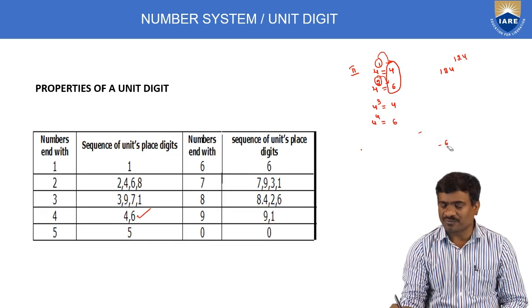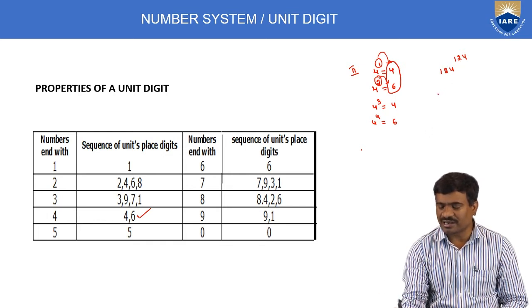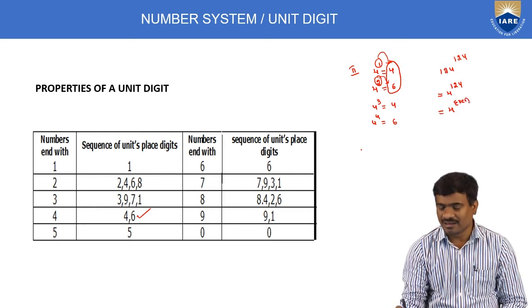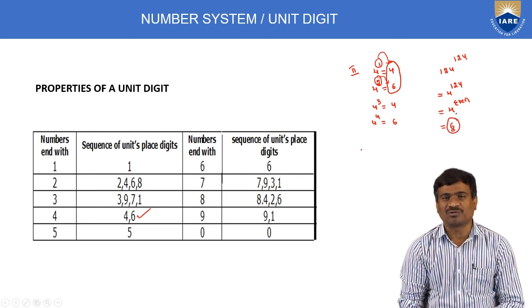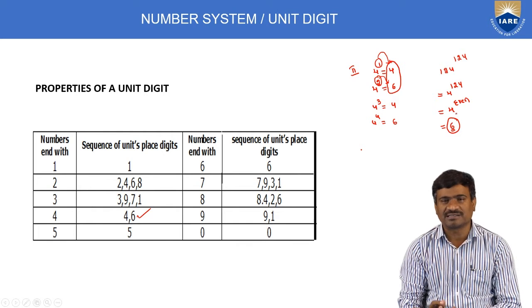By the same method, it is written as 4 to the power of 124. Next, 4 to the power of an even number; 124 is an even number. 4 to the power of an even number is 6. Therefore, the last digit of 124 to the power of 124 is 6.